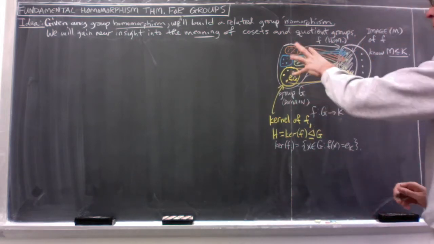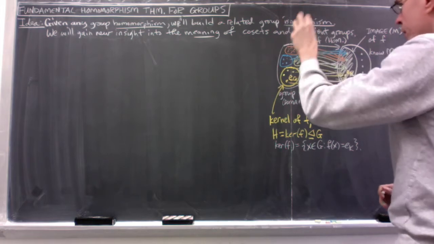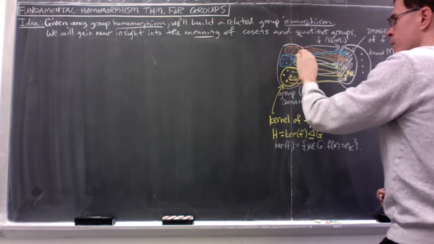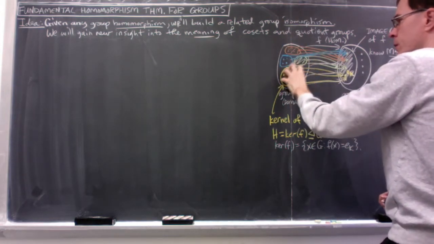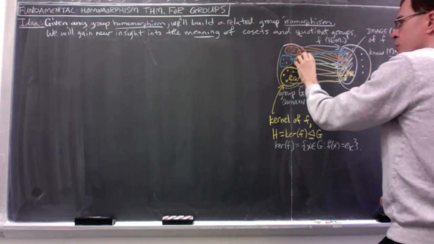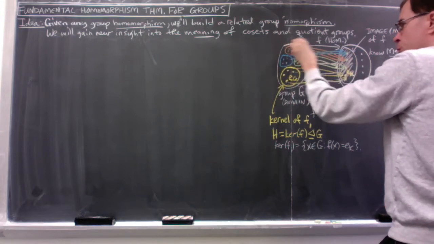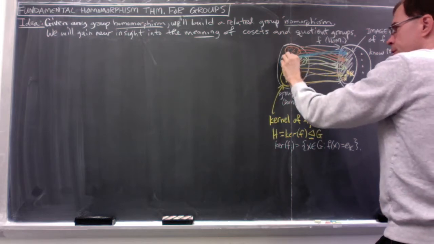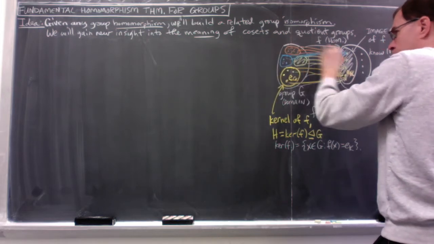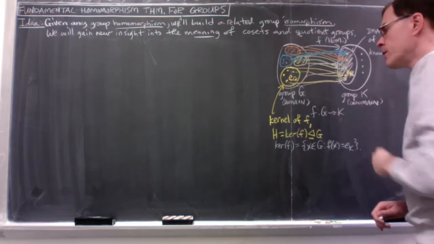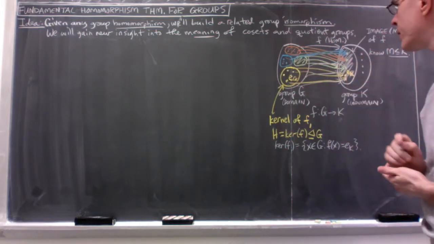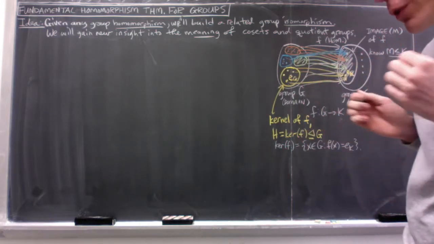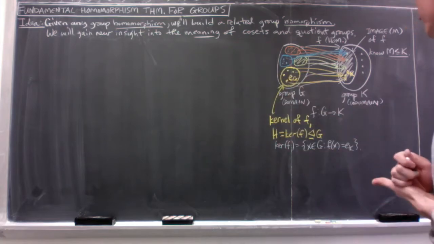And then the idea would be, well, there's all these collisions, and if you thought of these individual clumps as just single objects that F maps over, then that would be one-to-one. If this blue object goes here, and the brown object goes there, and so on, and the kernel goes to E, you sort of collapsed away all the collisions and you forced it to be one-to-one.